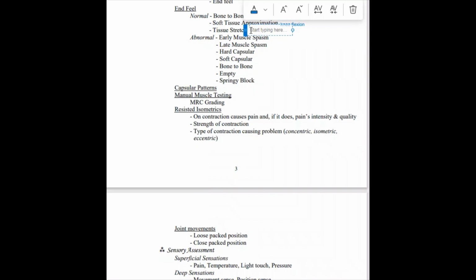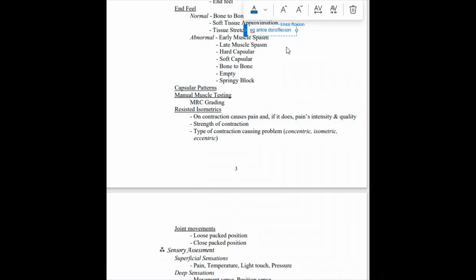If I talk about tissue stretch now, the tissue stretch end feel is there in ankle dorsiflexion. Okay, so this you all can see in the David Magee book, the table is there.